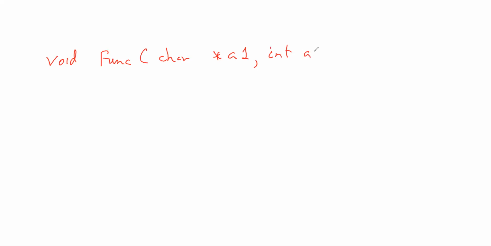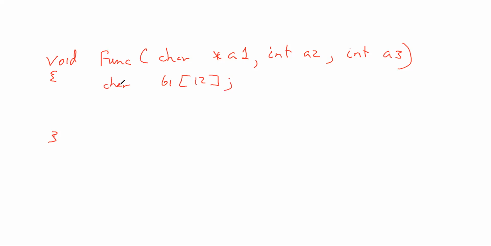We have int A2, int A3. Okay, and then I open curly bracket, close curly bracket, right? And now, imagine I have B1 12, right? So this is a buffer of size 12.